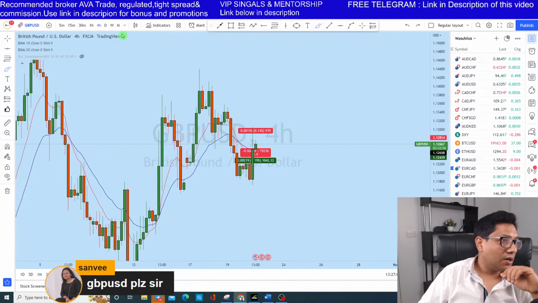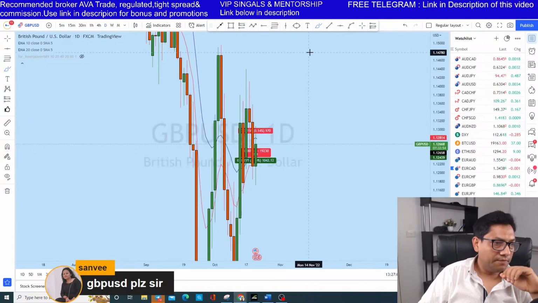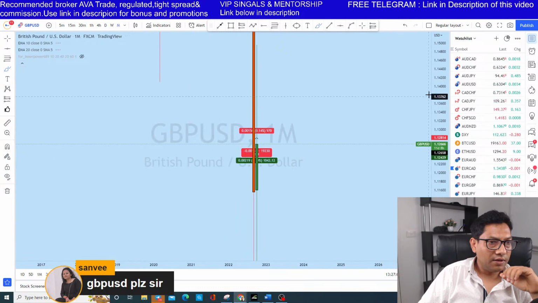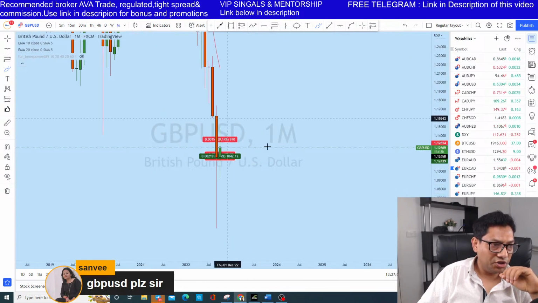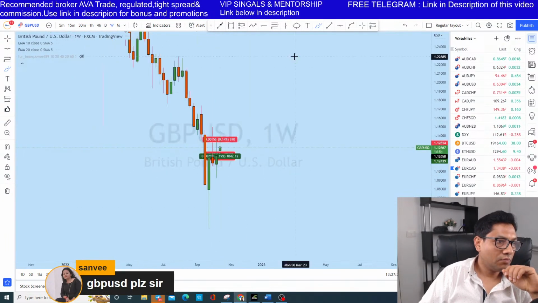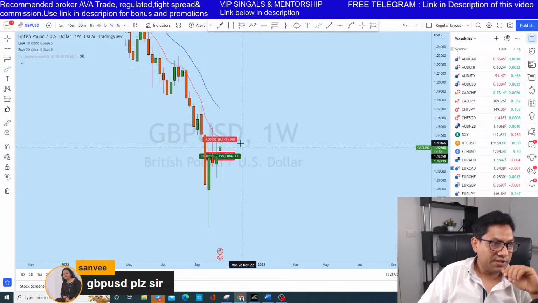because the long-term picture on GBPUSD, if you look at the monthly, you see that this is a long-term bearish market. Okay, there's a big monthly candle which has a huge body and also a long wick at the bottom. What I think is that finally this candle will come back down. Weekly, we have seen a gap opening and the penetration.